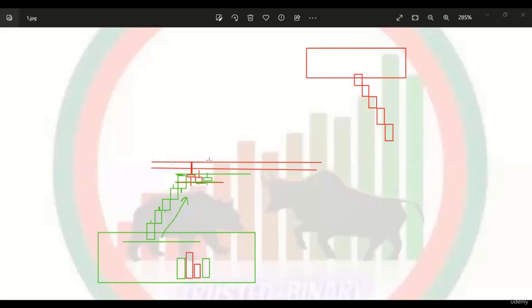Buyers entered and it already got rejected from this area, or this area, or this area. It created wicks of this size here. And sometimes we will get high volume. But that doesn't mean that the situation at the early stage and this situation are the same.